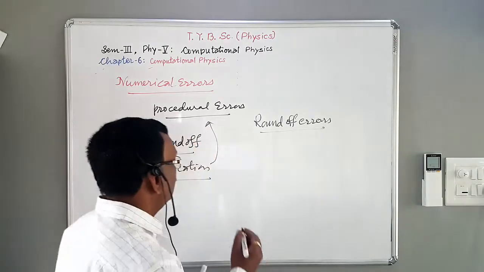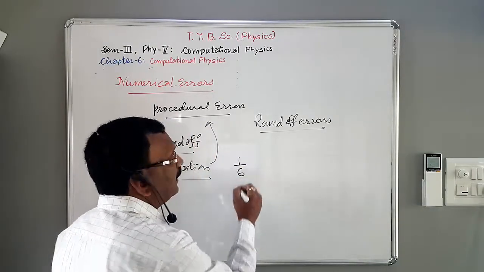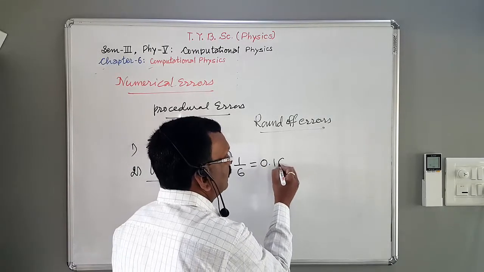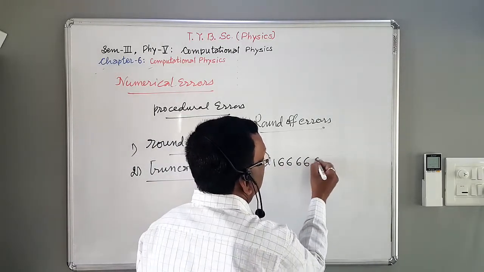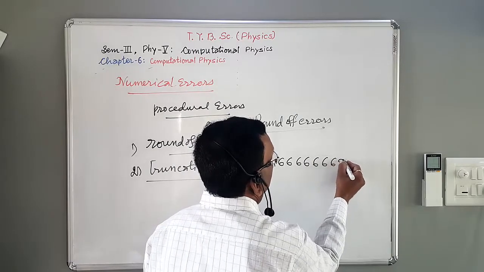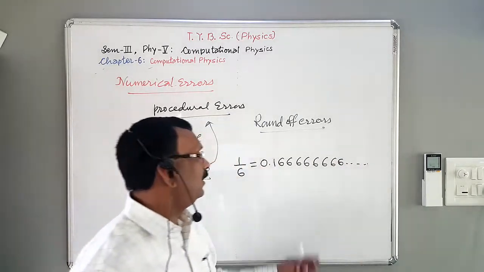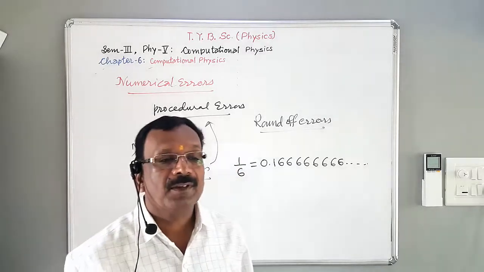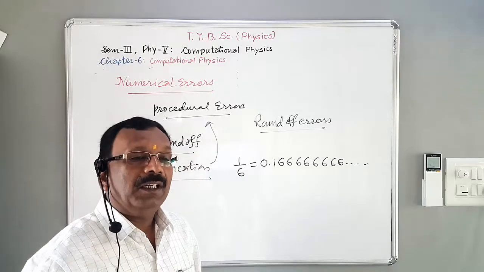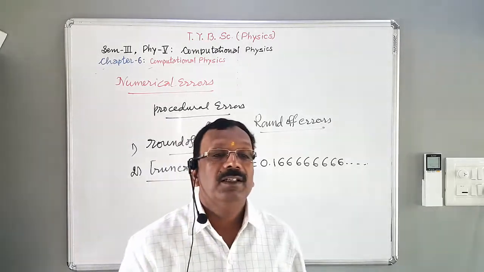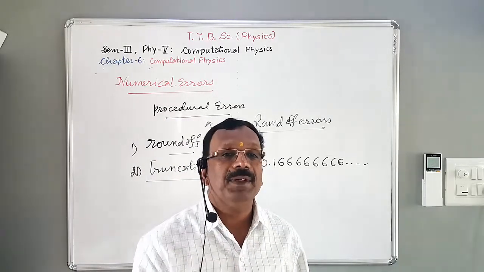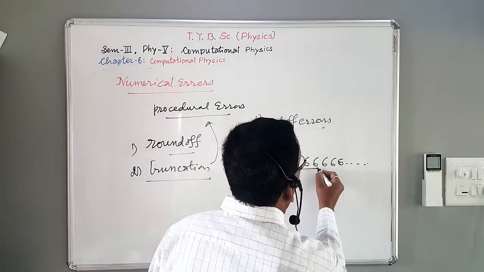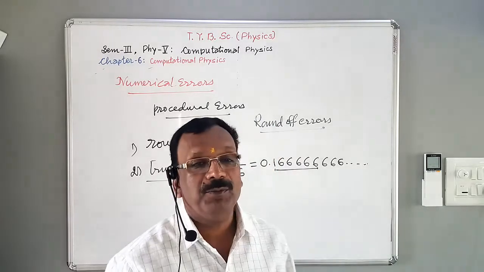For example, 1 by 6 is equal to 0.166666666. This is the result when we divide 1 by 6. Remember that our computer represents only 6 significant digits, that means up to 6 places after the decimal point.